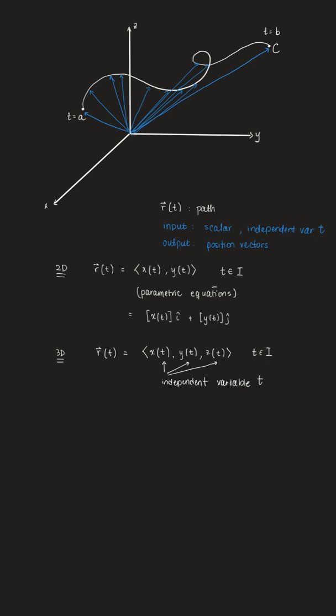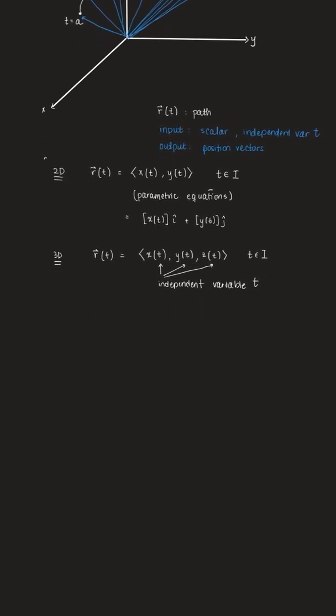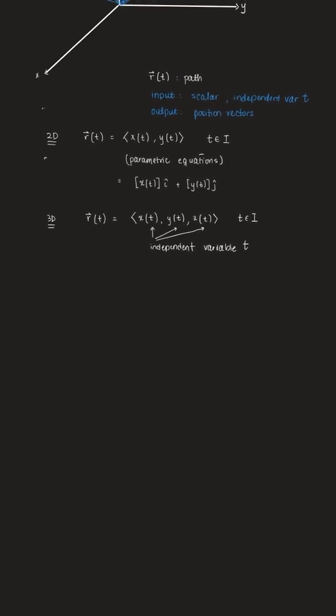So they can be parametric equations that we represent in vector form. So let's think of an example. For instance, in 2D, so this is in R2, this is something we've seen before.